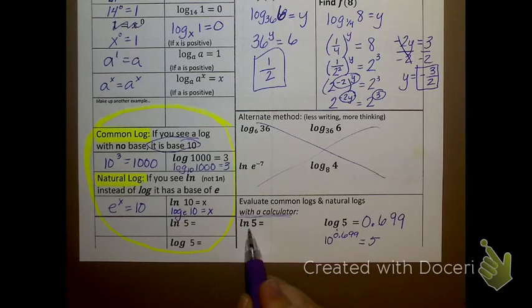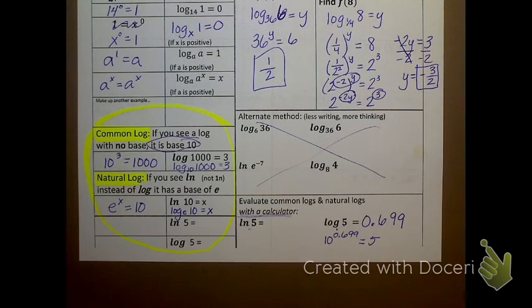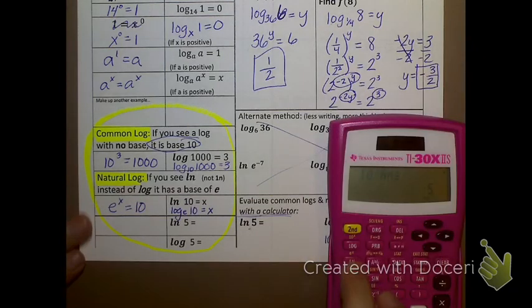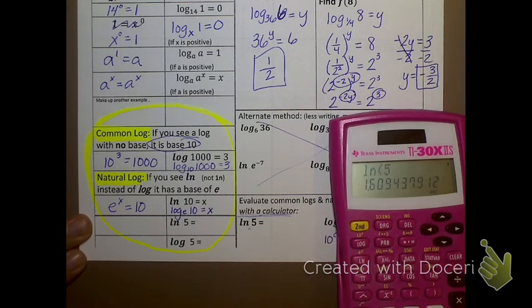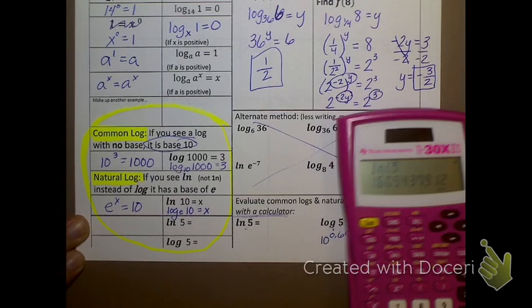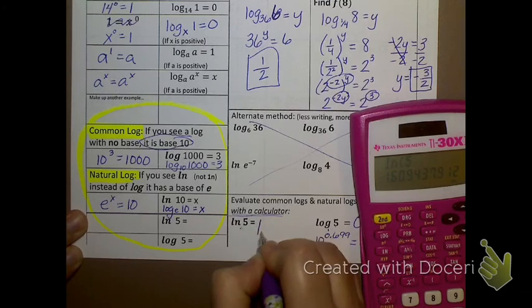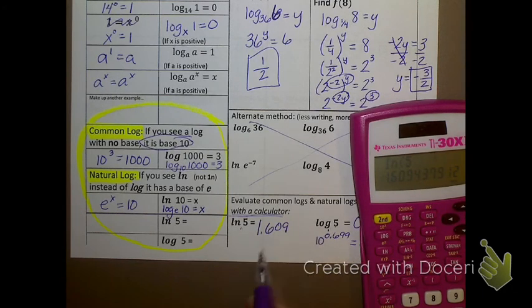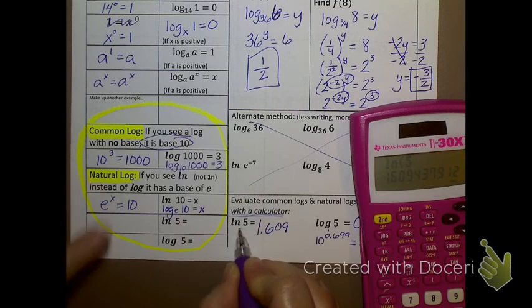So let's calculate ln of 5 on our calculator. ln of 5, 1.6094. What am I going to write as my answer? 1.609. And let's check this. If I were to take this and write it in exponential form, what's the base? E, right?